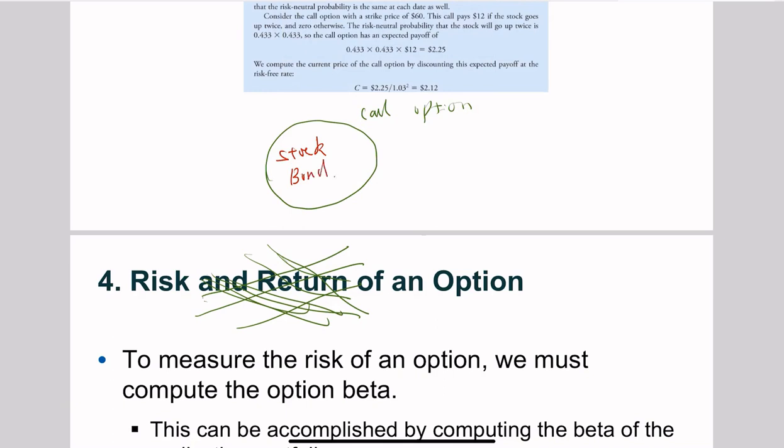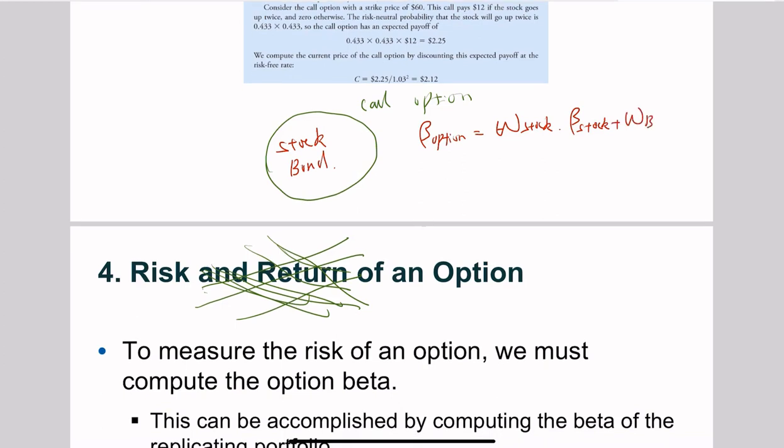And we know how to calculate portfolio's beta. Since our call option is a portfolio, then it's easy for us to calculate its beta, right? So here you can see that beta of this option should be the portfolio weight of stock times stock's beta, and portfolio weight of bond times the beta of bond.